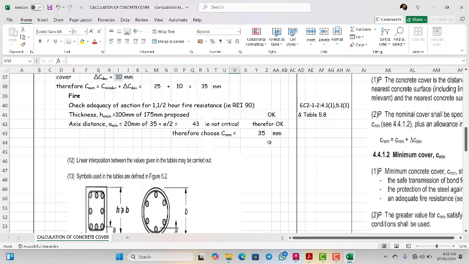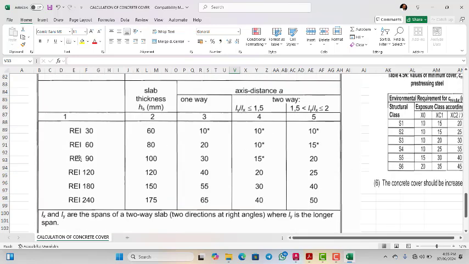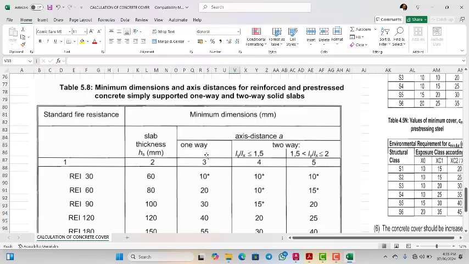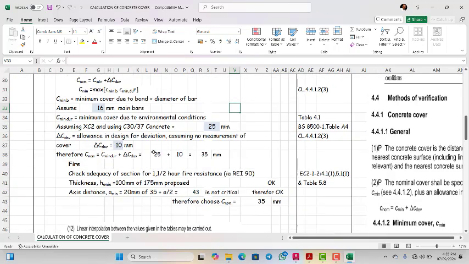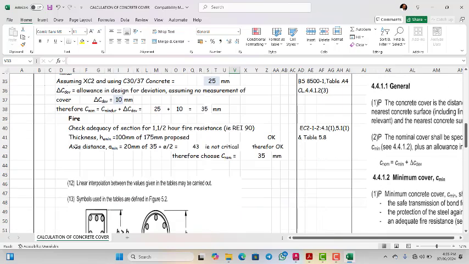So H mean is 100. Remember, this is 1.5 hour. Let's just assume that we are using one way. This means that our axis distance is 30.